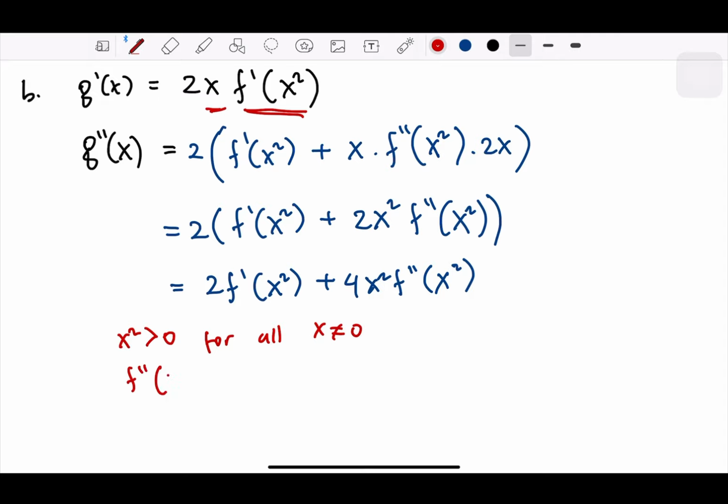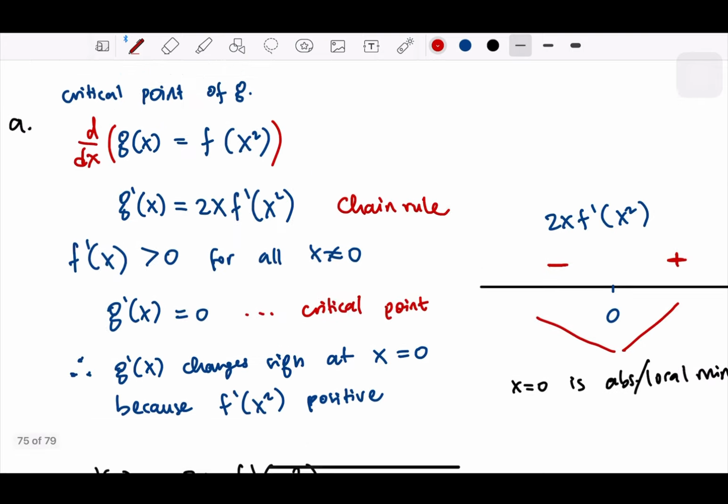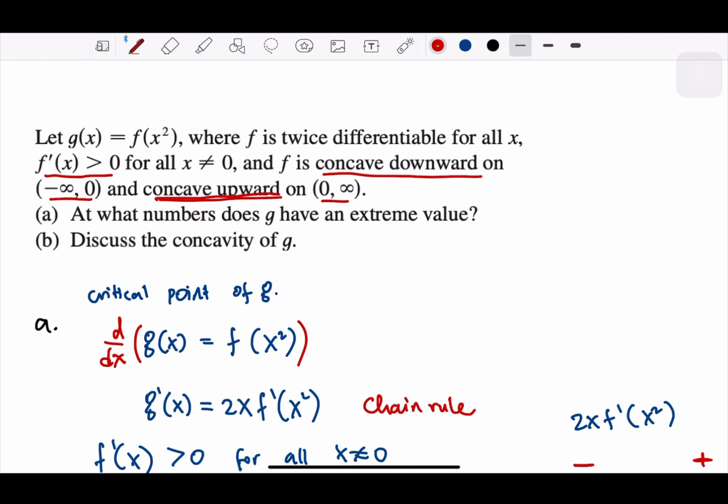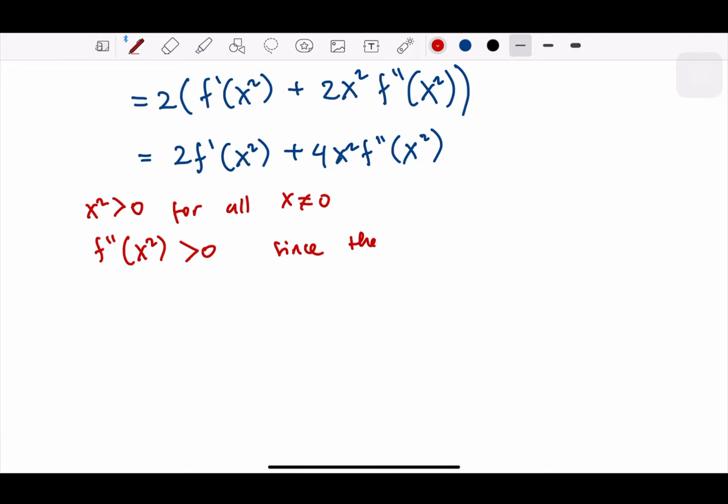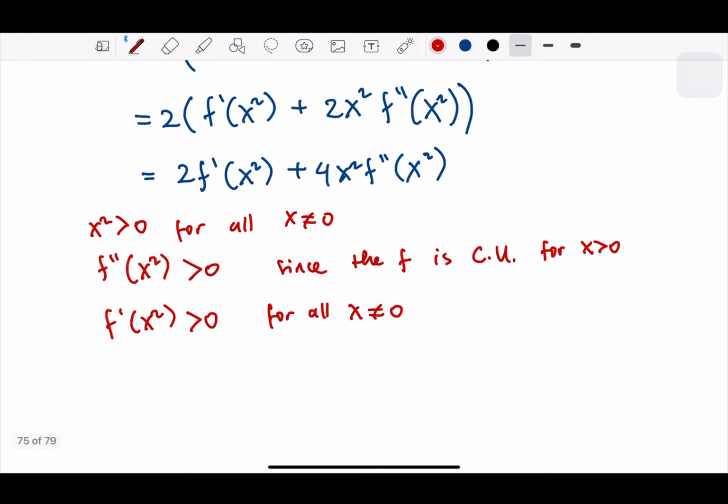And f double prime will be positive since the question says f is concave upward for positive x. And also f prime of x squared is positive for all x not equal to 0.